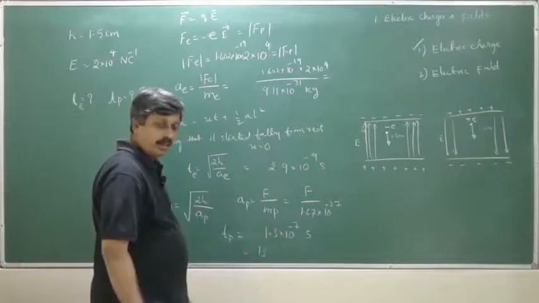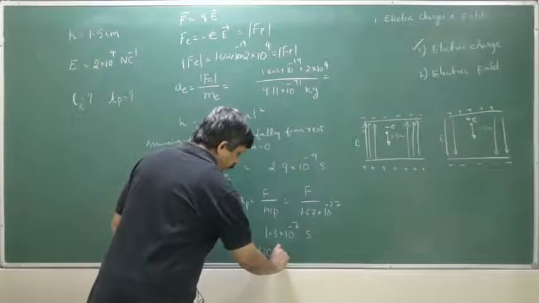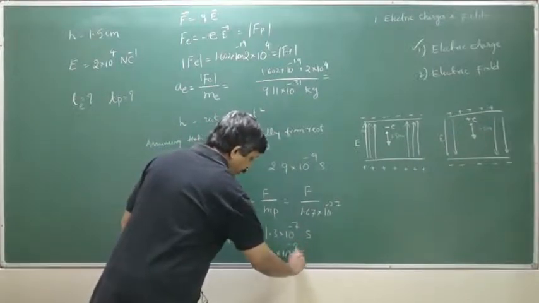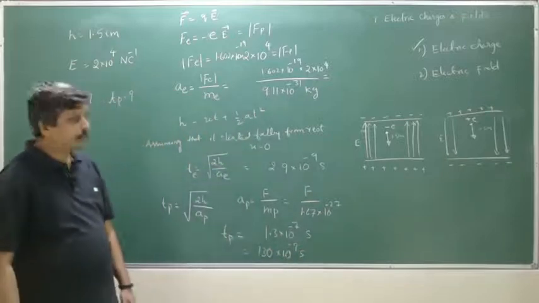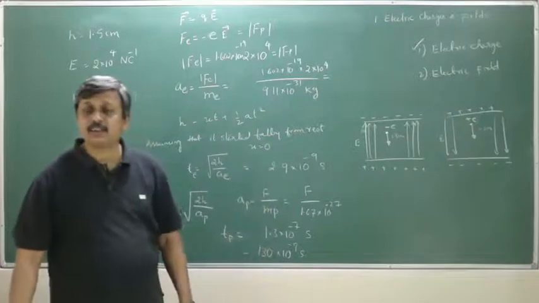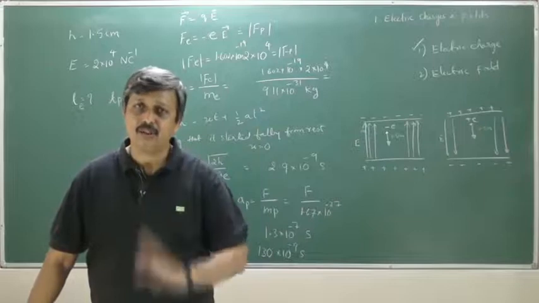So 1.3 into 100 is 130, into 10 to the power of minus 9 seconds. So this is 2.9 nanoseconds. This is 130 nanoseconds, which means that the proton is coming very, very slowly.